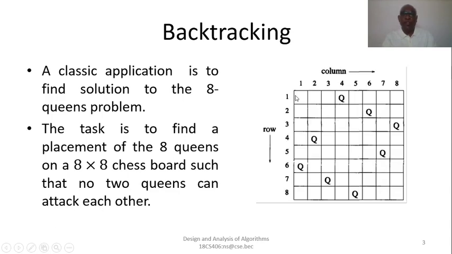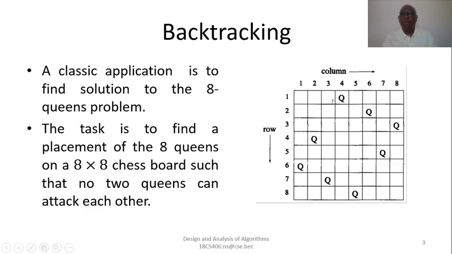This graphic should illustrate the statement of the problem further. We have an 8 by 8 chessboard here. 8 queens are already placed. And if you look at the placement, no 2 queens attack each other.